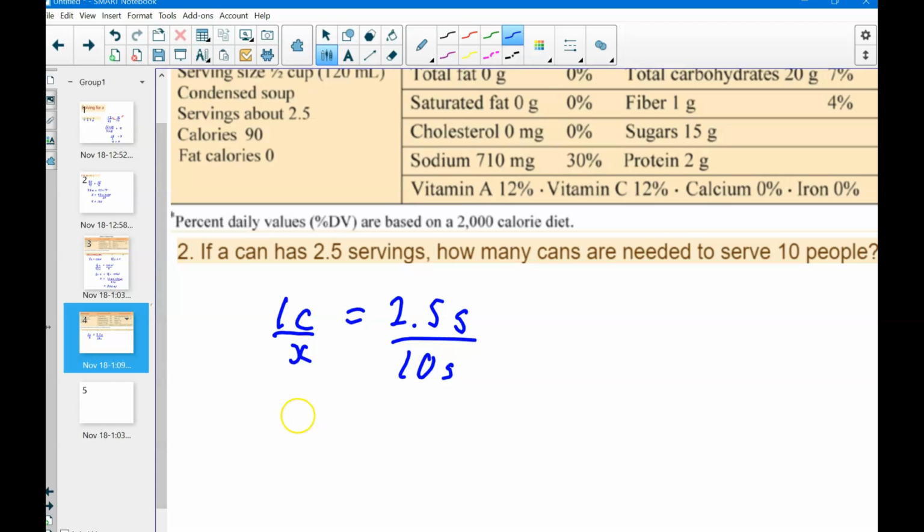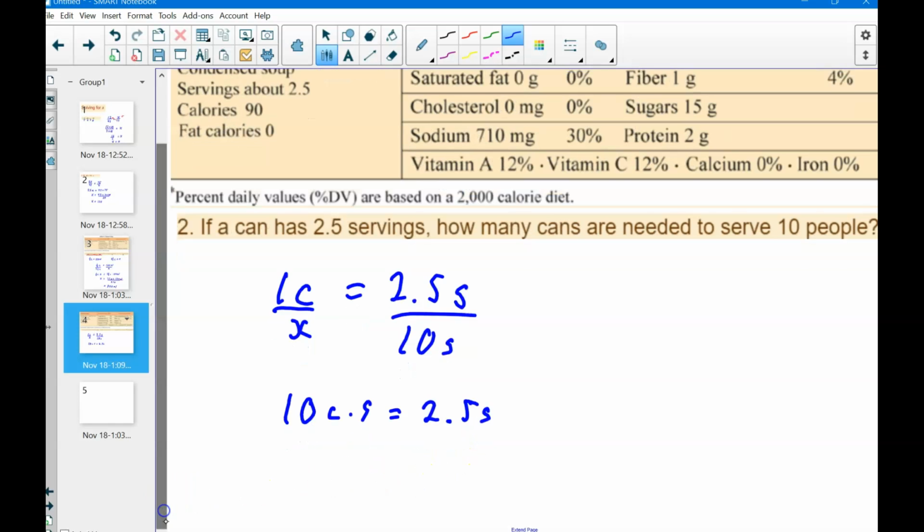When I cross multiply, I'm going to get 10 times 1, which is just 10 cans, keeping the units in there for servings, equals 2.5 servings times X. Then when I divide by my servings, I have 10 cans servings divided by 2.5 servings equals X cans.